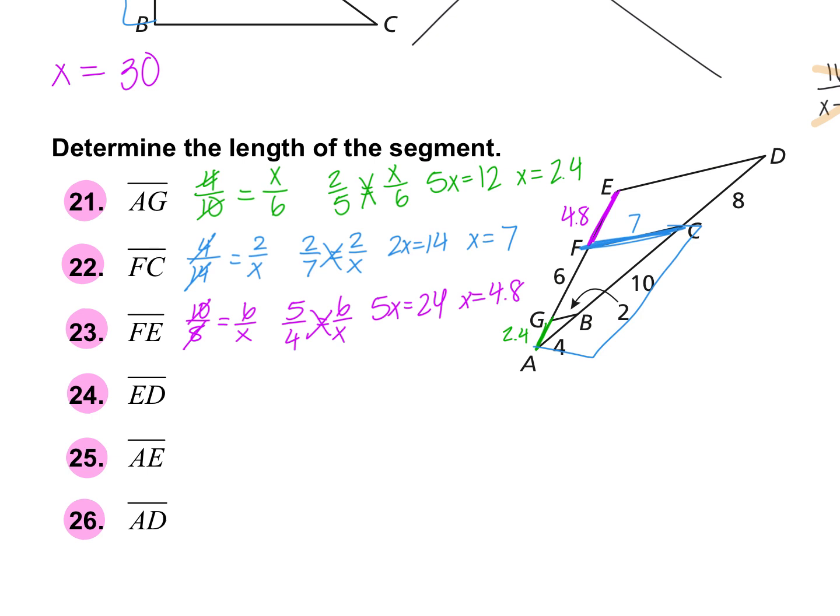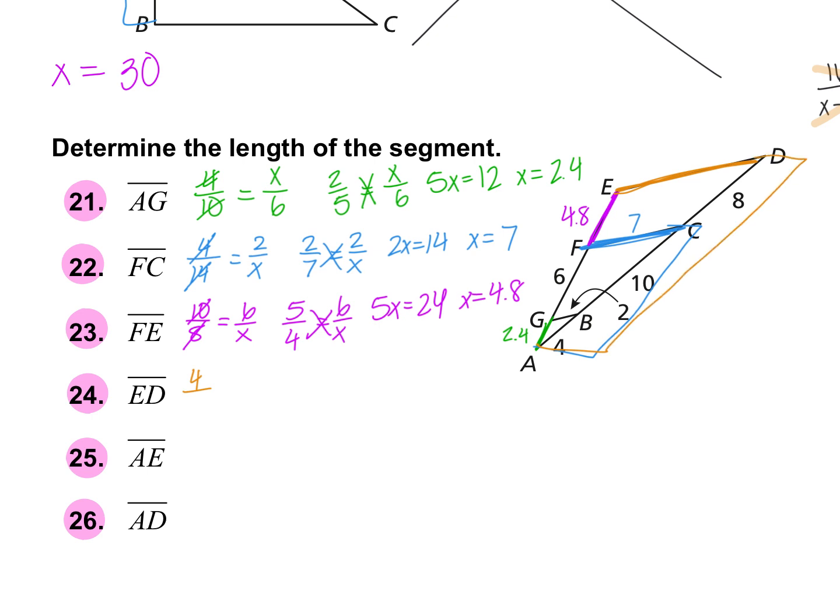All right, looking at ED, which is right here. Now, because it's a base, I'm going to use the entire side. So looking at it, I'm going to use 4 over this entire side.